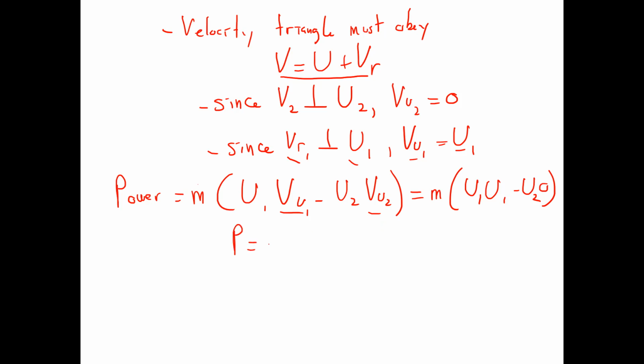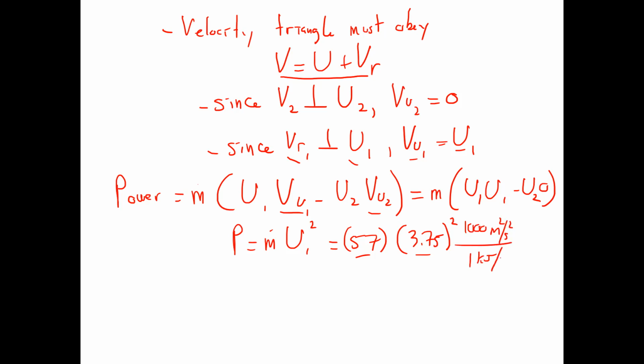So this equation reduces down to m dot U1 squared, and I can fill in my numbers, making sure I get the correct conversion factors in there. So I have kilograms per second, meters squared per second squared, multiplied, so 1,000 meters squared per second squared is 1 kilojoule per kilogram. I get that my power is equal to 802 watts.